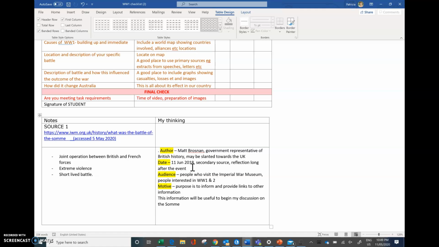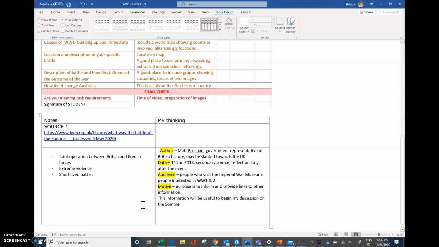And who would be visiting the Imperial War Museum website, that's people interested in World War I and World War II. Motive, the purpose is to inform people and to provide links to other information. And a little comment about when I'm going to use this. This information will be useful to begin my discussion on the Somme. Okay, so that gives you an idea of how you could be doing that scaffold.